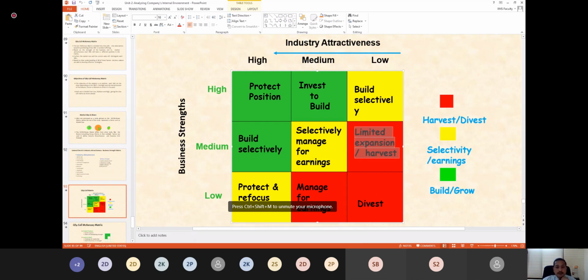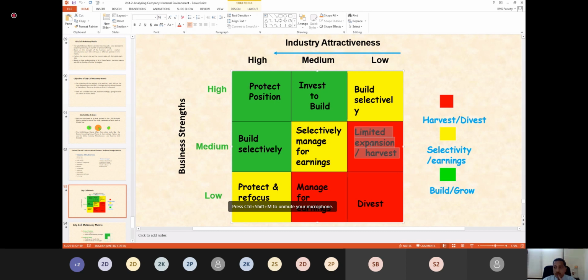So if you see this cell wherein the business trends are medium, and the industry attractiveness is very less, both things are making us think whether to continue or to stop that particular business unit. However, we can think of limited expansion.